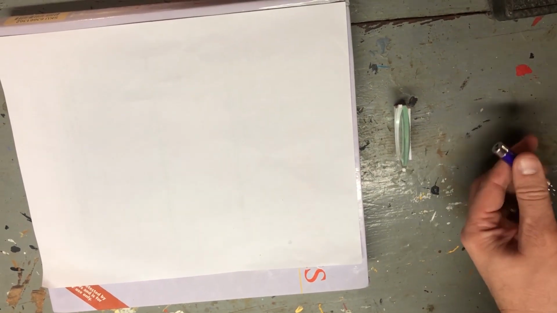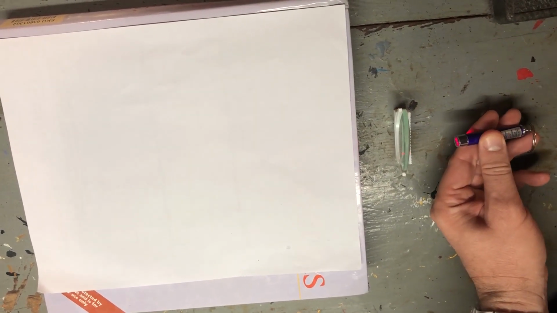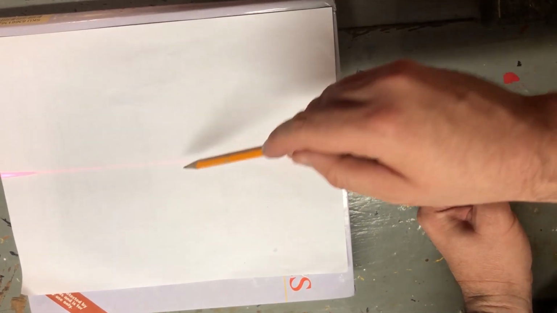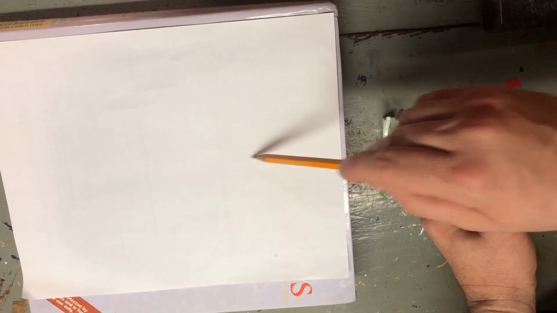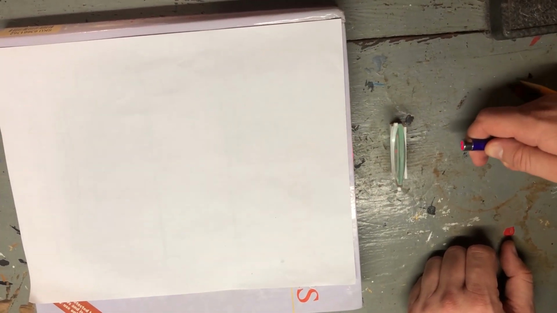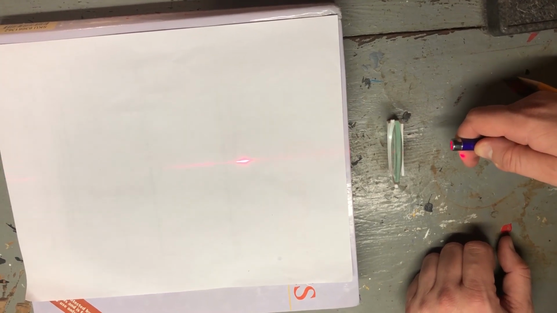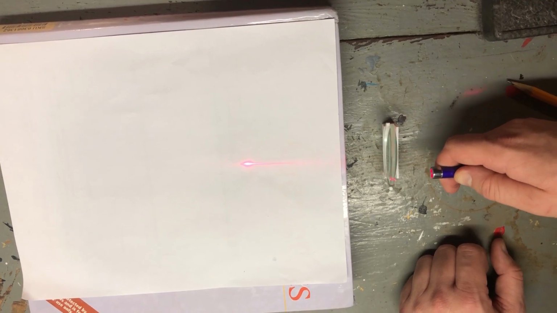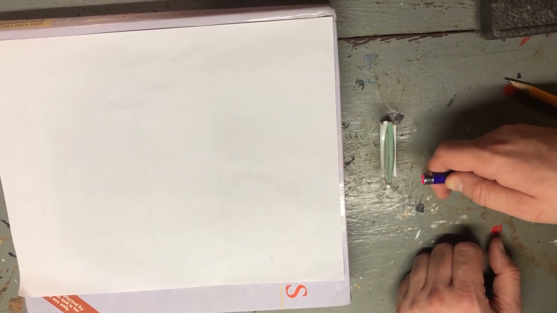What you want to do is essentially, when you can see the laser on the paper, trace out where the laser goes, right? So as you can see, it's moving back and forth. Ooh, there it is. It's moving back and forth through the lens.